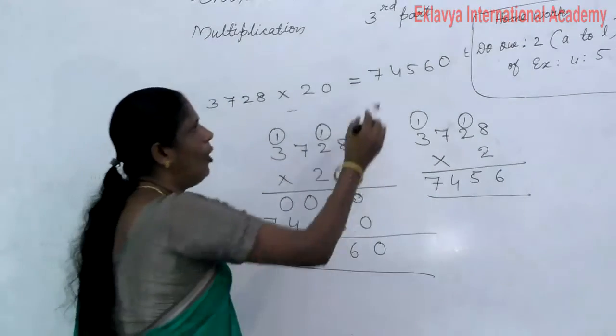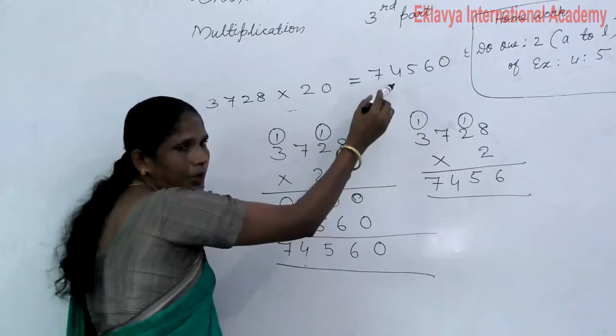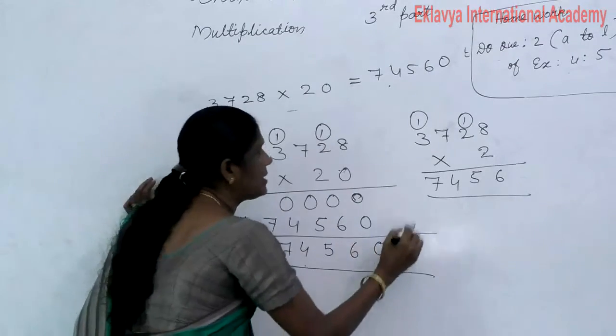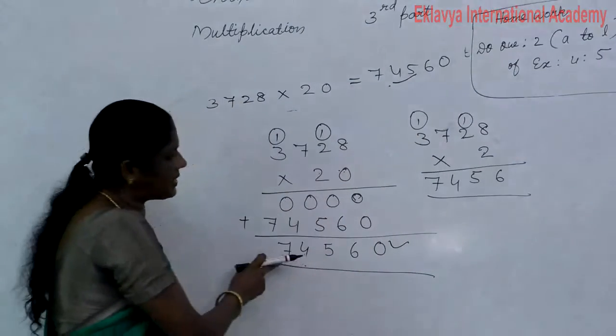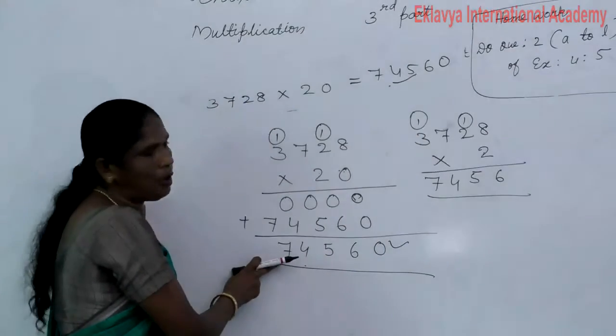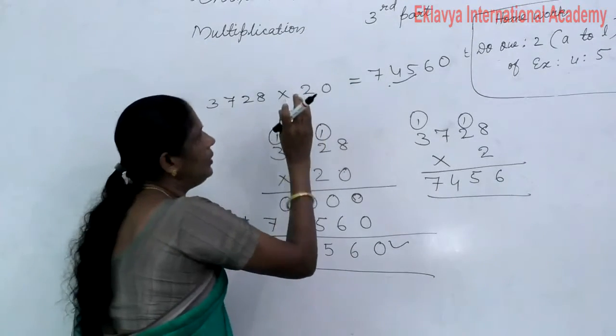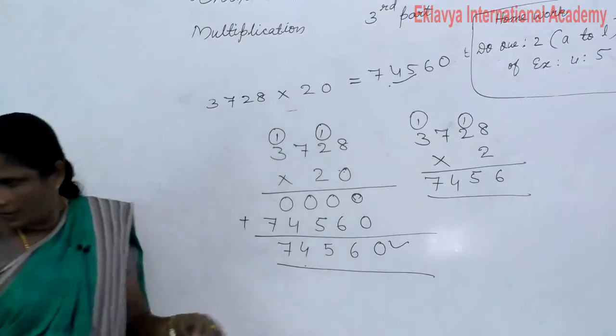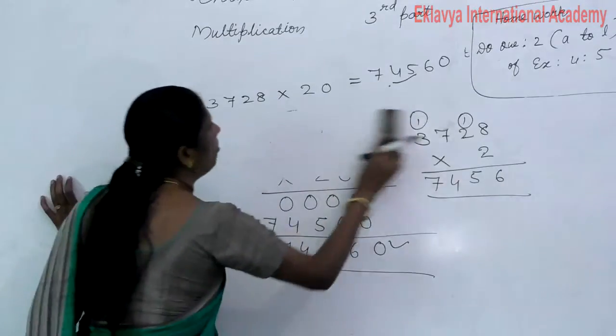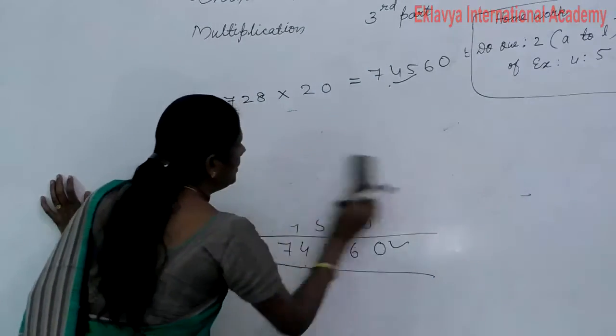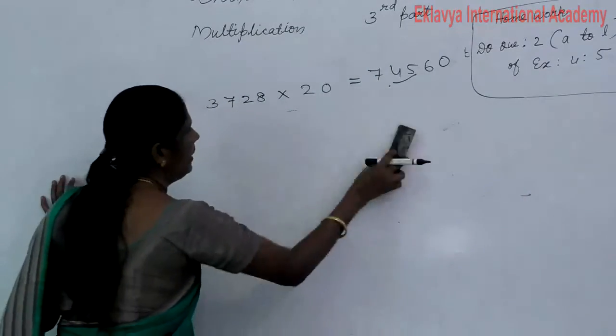Now both answers are same. Look here, this answer and this answer are same. Yes, you do this method. In zeros we multiply, you follow this method.